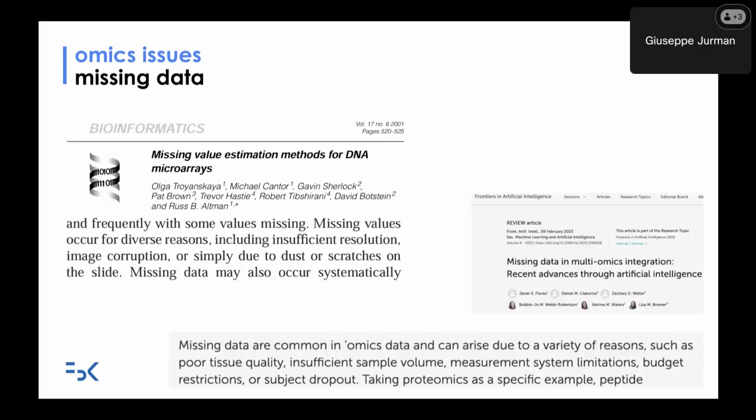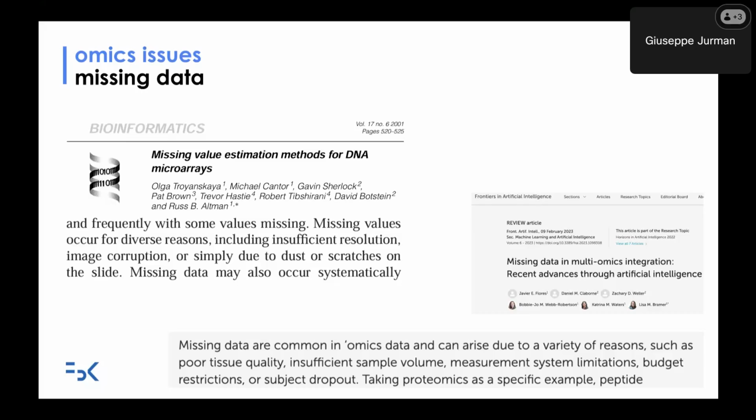Another important issue regarding omics data is missing data. Missing data is a phenomenon that has always hit omics data since they've been produced, okay? Because missing values estimation is something that is known since the arrival of the microarray on the market.